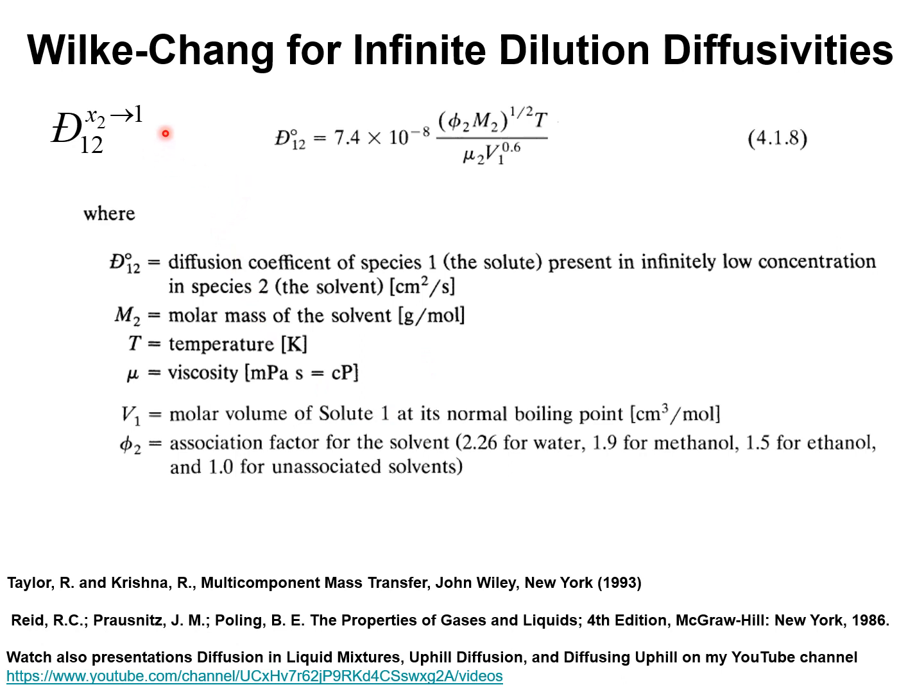So if we switch the subscripts around, we can determine the Maxwell-Stefan diffusivity for species 2, that is dilute in presence of a large amount of species 1, where all you have to do is use the subscript 2 in place of subscript 1 and vice versa.